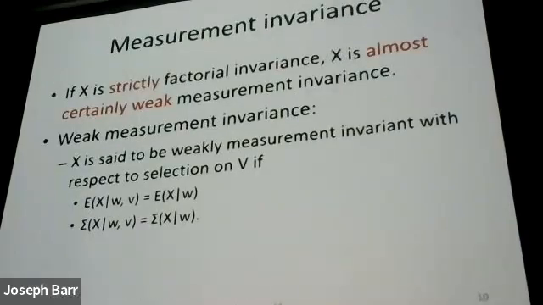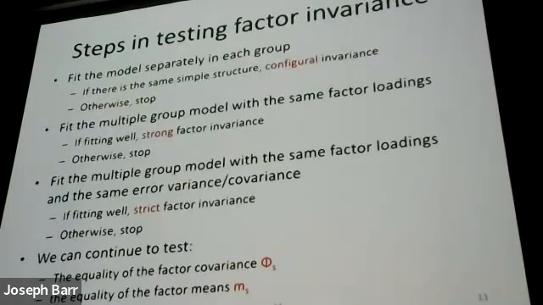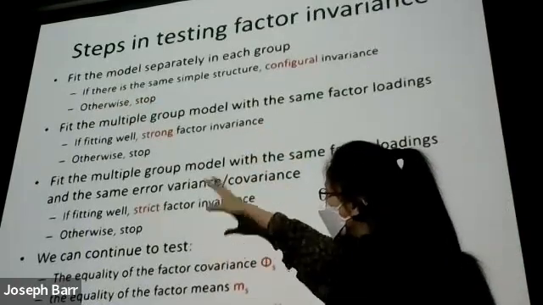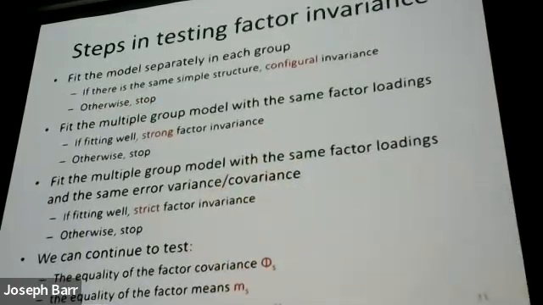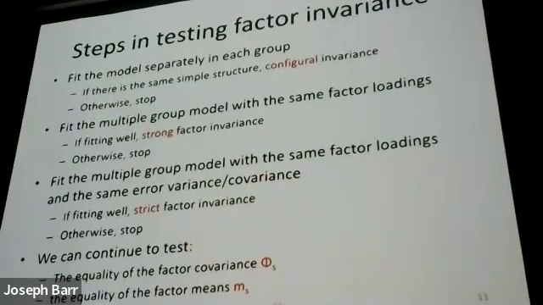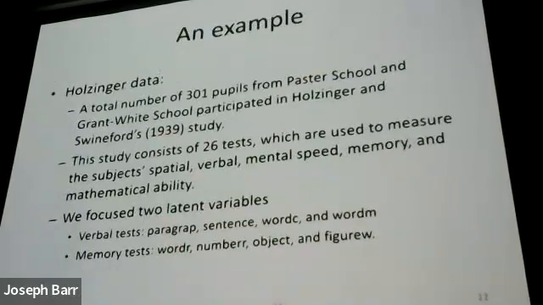If you check all of this, then the expectation and the correlation matrix will be the same. But usually you cannot go very far. Usually you can just stop somewhere here. It's very hard to pass this test because these are too strong. So let's look at the example.